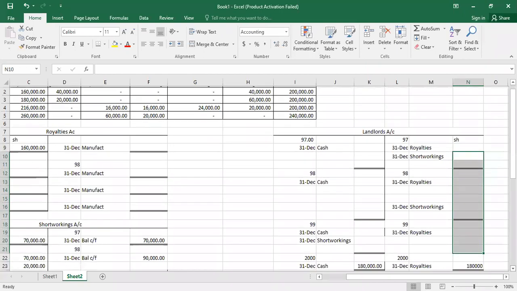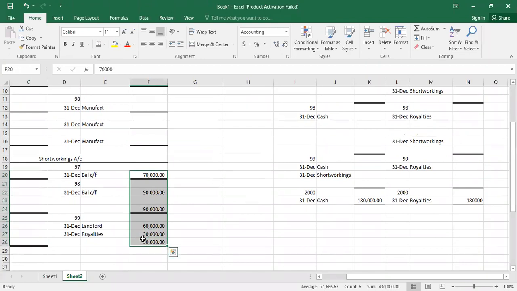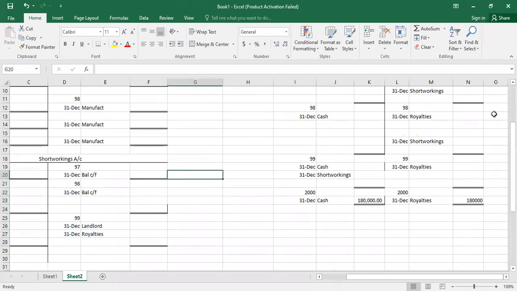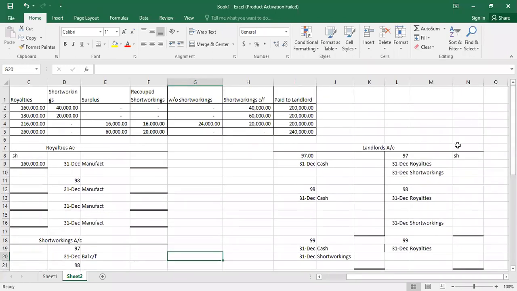Let me just clear off this trash. Yeah, we are clean. In the interest of time, I want us just to use the same. So this is 160.